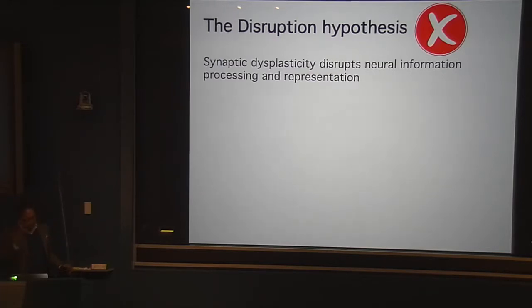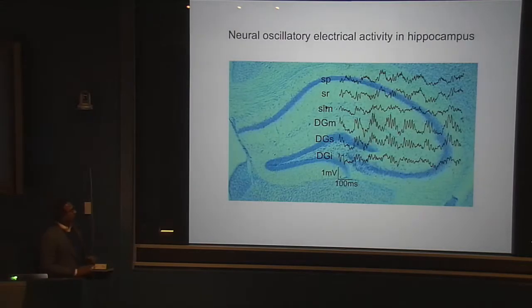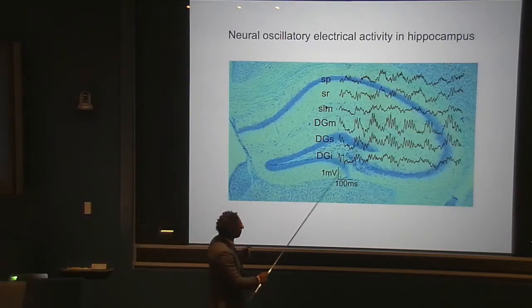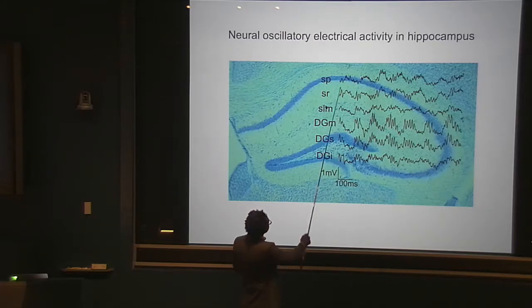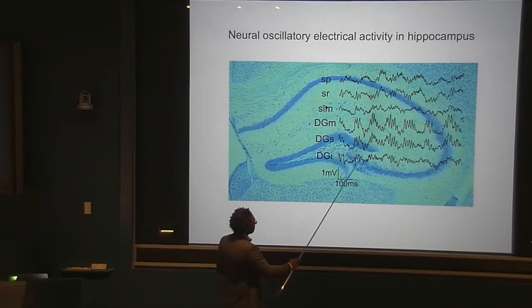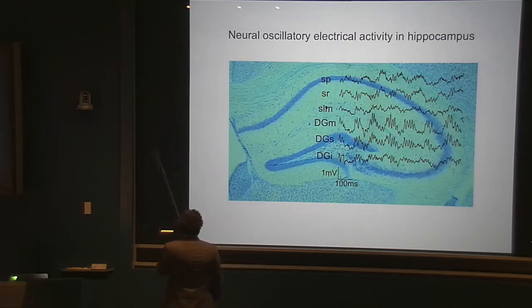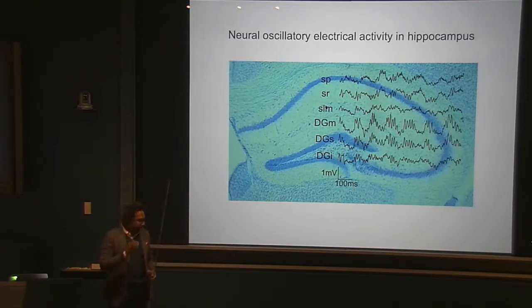Before I start talking about timing in particular, I need to talk about timing in general. So here's a section through the hippocampus, and if you put electrodes in these different layers of the hippocampus, you can record these local field potentials, these oscillations, and they look different, even if you move the spacing here, which is about 150 microns.